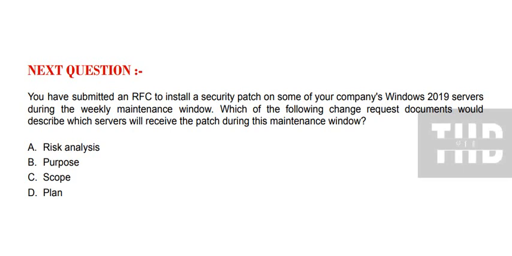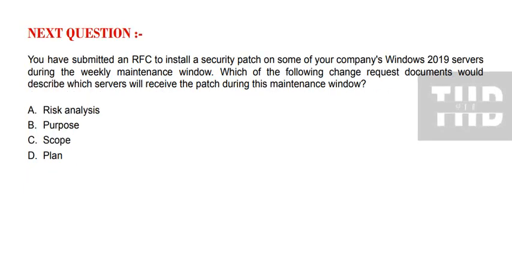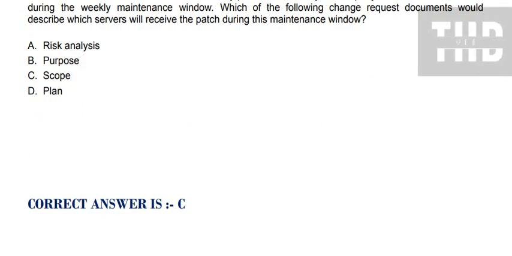Which of the following change request documents would describe which servers will receive the patch during this maintenance window? And the options are: option A, risk analysis; option B, purpose; option C, scope; and option D, plan. The correct option is option C.